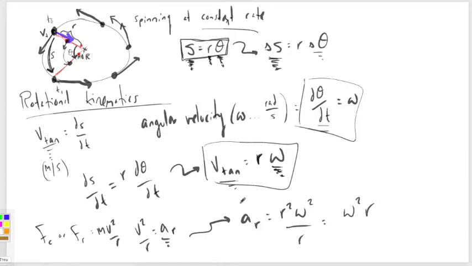And then you will hopefully remember that even though the tangential velocity here is constant, we do have a direction change. So we have an acceleration, a radial acceleration, always pointing into the center of the circular path. We know that's equal to v squared over r, where this is v tan.